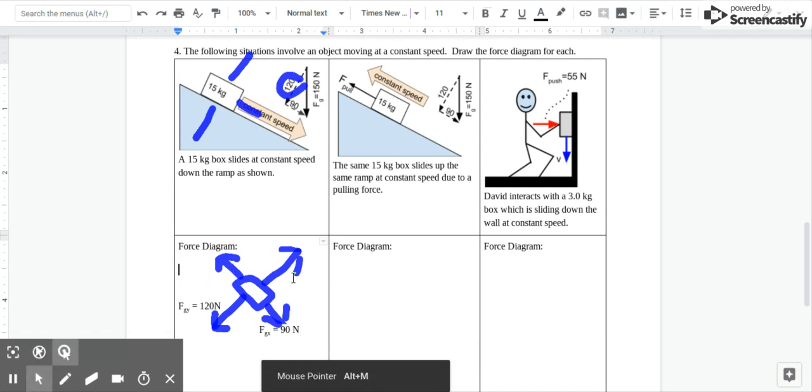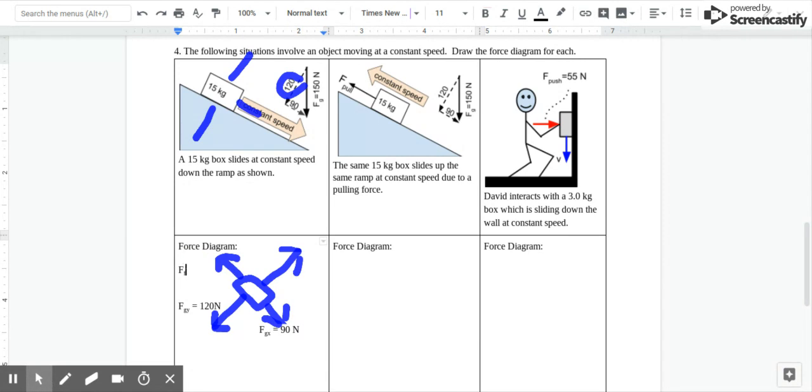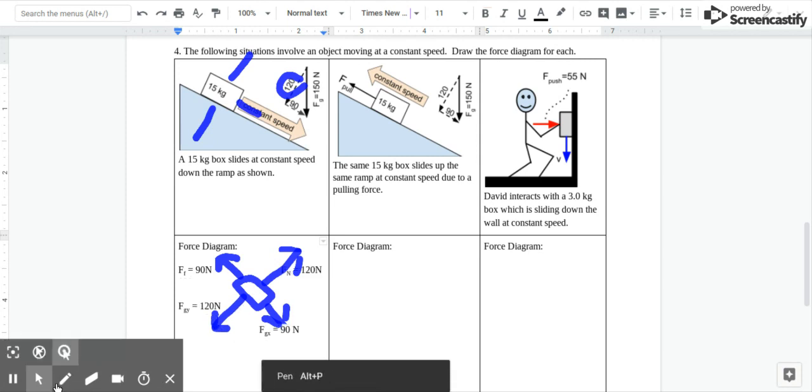So our F friction is equal to 90 newtons. And then over here, we've got F normal, which is equal to 120 newtons. Oh man, this life is tough over here. Hopefully you can read that.